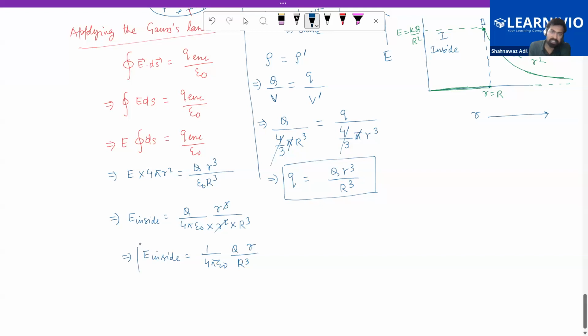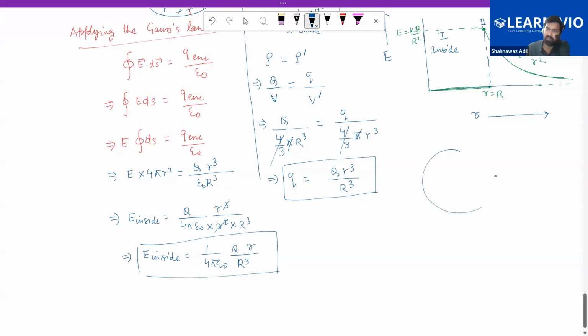So what is the variation? What is the variable that we have? What is the variable in the right hand side? What is the variable? Charge is fixed, right? The total charge is fixed. This capital R is also fixed. This thing is variable.